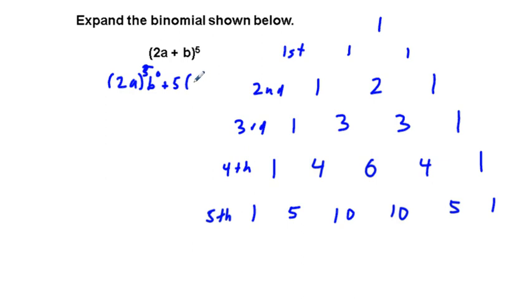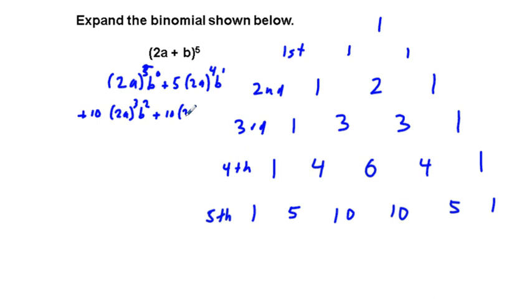We would have this 2a to the 4th power, b to the 1st power, plus, well, I forgot the 10, didn't I? Plus 10. We'd have this 2a to the 3rd power, b squared, plus 10.